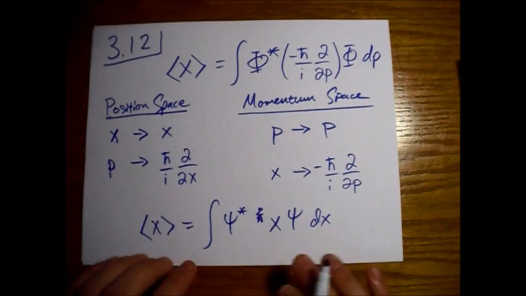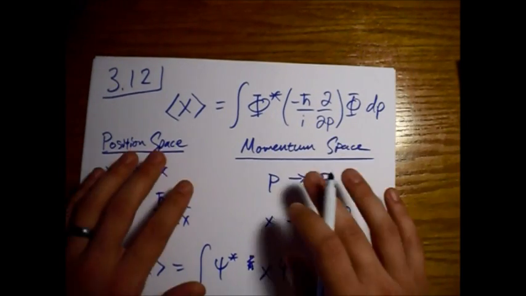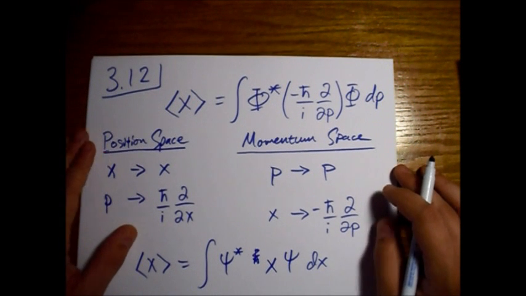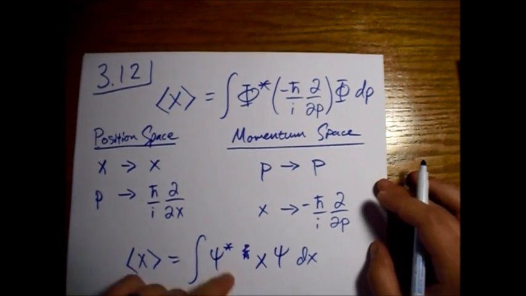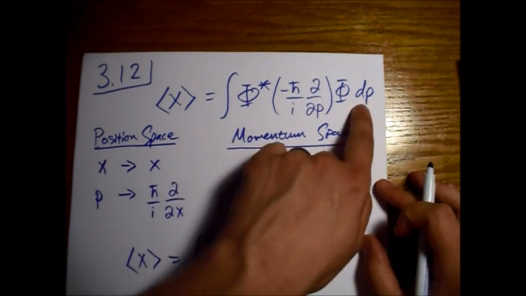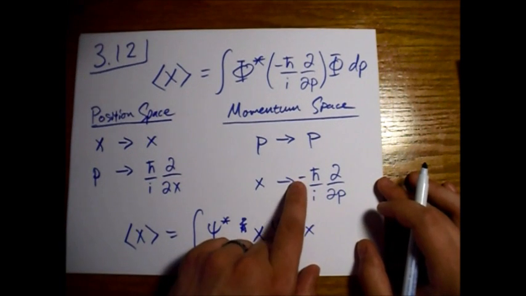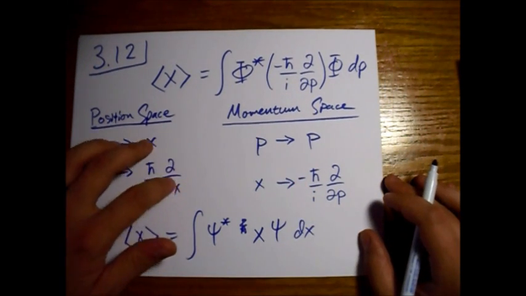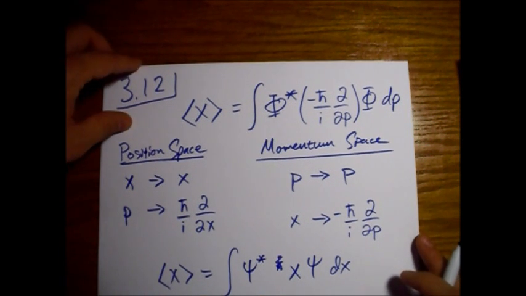So basically all we're saying is you can do this in either space. Either space is fine, but in momentum space, you have to remember the minus sign on this operator. Otherwise, you can just take x and p and basically switch them.